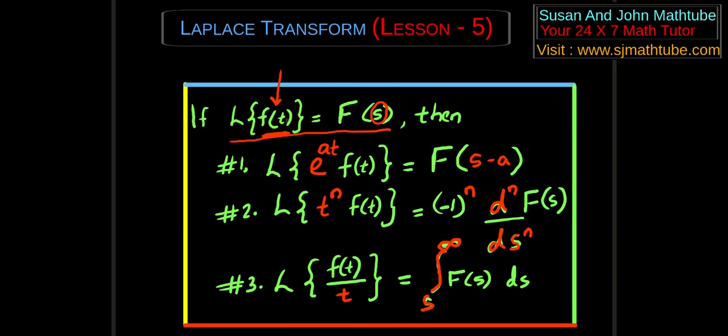Okay, now suppose you want to multiply this function by t or t square or t cube. All you have to do is differentiate this as many times as n is, like for example, if it is t square, you have to differentiate 2 times. And by the way, don't forget to multiply by minus 1 to the power n.